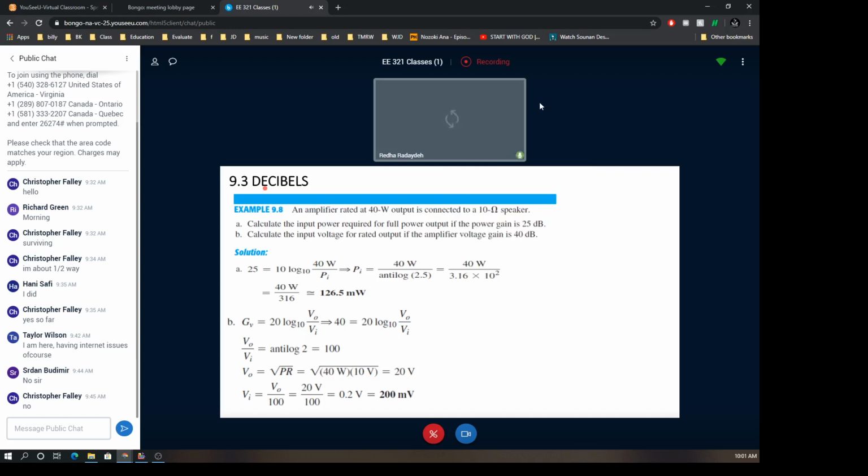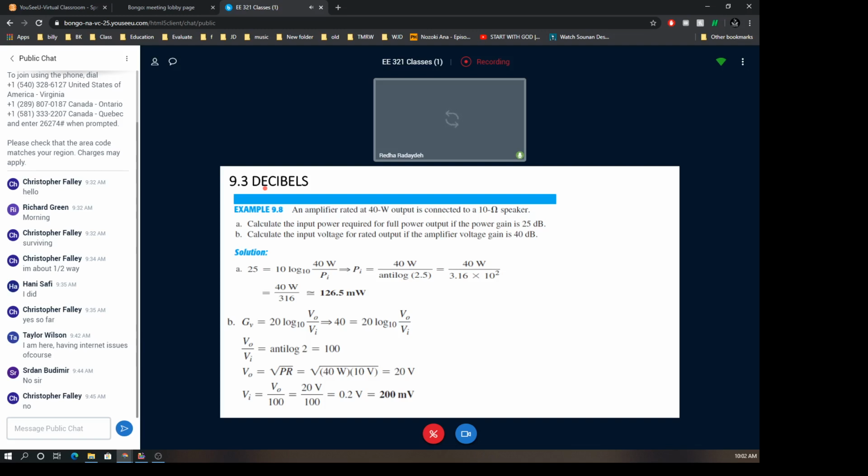The first part asks us to calculate the input power. For full power output, if the power gain is 25 dB, full power output means that the power delivered to the speaker would be the rated value, which is 40 watts.